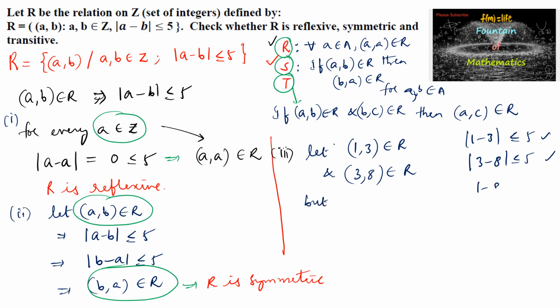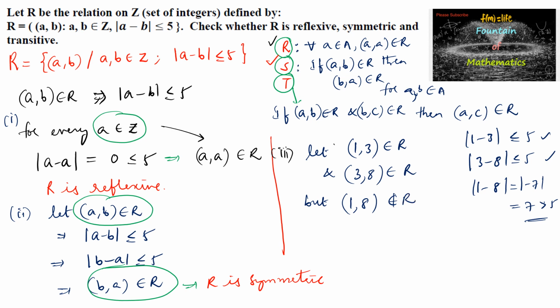But 1 minus 8, if we see, is the modulus of negative 7, that is 7, which is greater than 5. So 1 comma 8 does not belong to the relation.